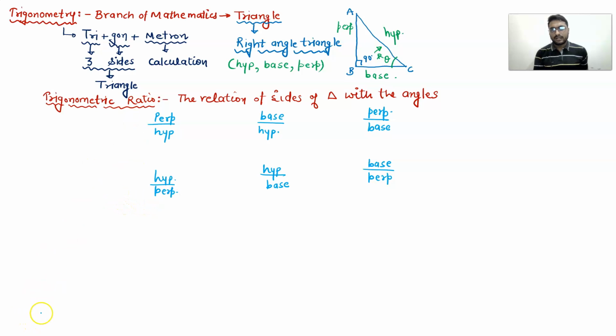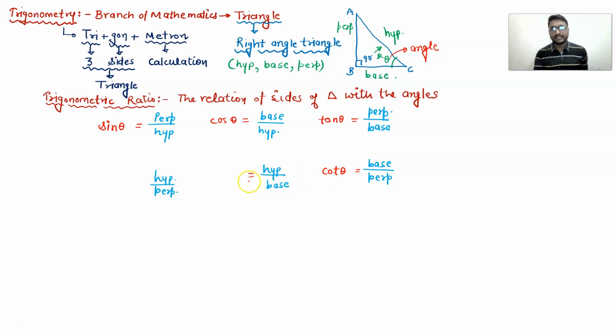Now according to trigonometry, perpendicular over hypotenuse is equal to sine theta. Theta is this angle. Base upon hypotenuse is equal to cos theta, perpendicular over base is tan theta, and base upon perpendicular is known as cot theta.